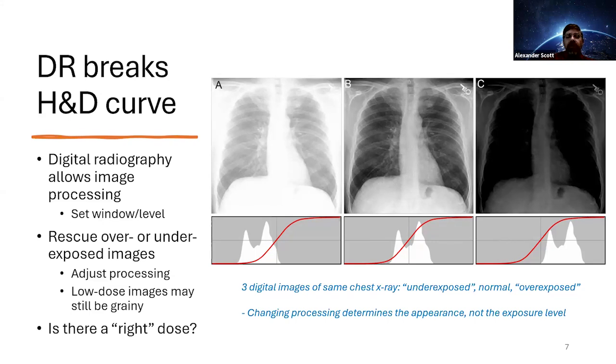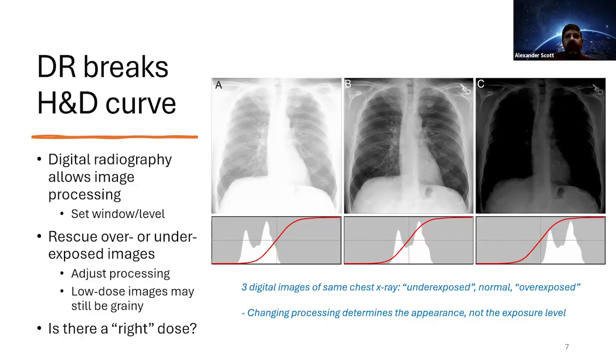So in this case, we're setting the window and level, looking at images A, B, and C. One of them is clearly too bright, and one is clearly too dark. And that would imply that the middle one is just right.